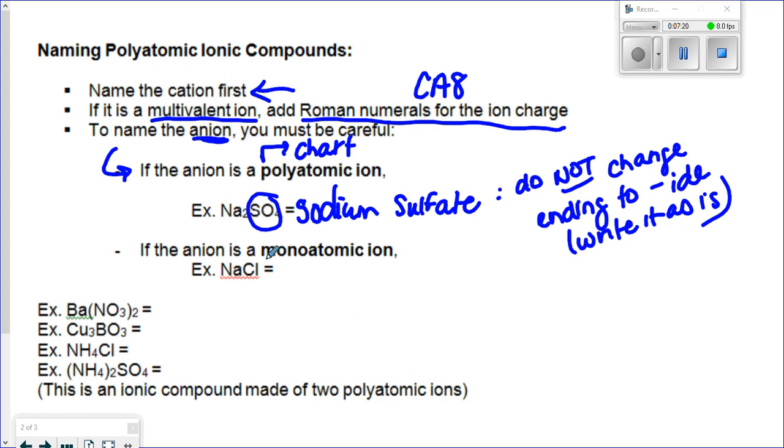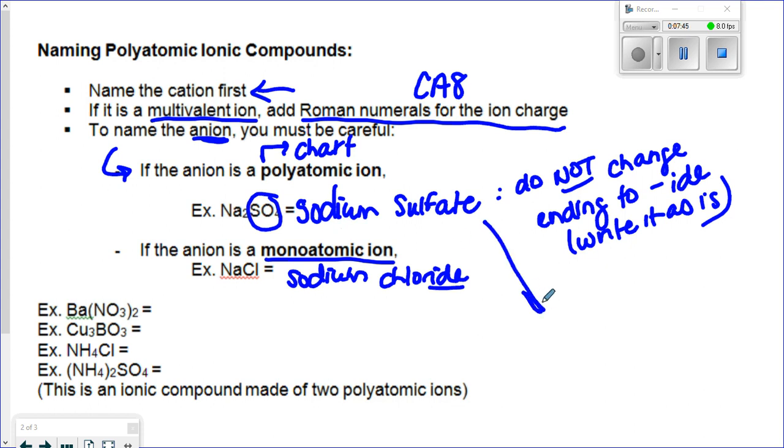If the anion is a monoatomic ion, so something like chlorine or fluorine or oxygen, we name it the way we've seen it before. So that one is sodium. Chlorine is chloride. So in that case, we do change the ending to IDE. We wouldn't want to change this.